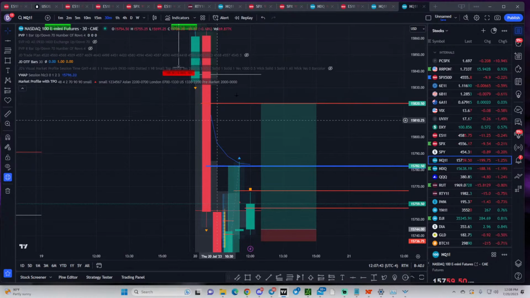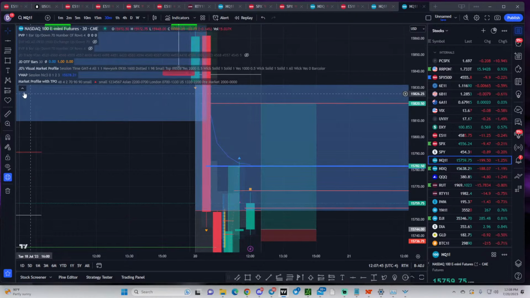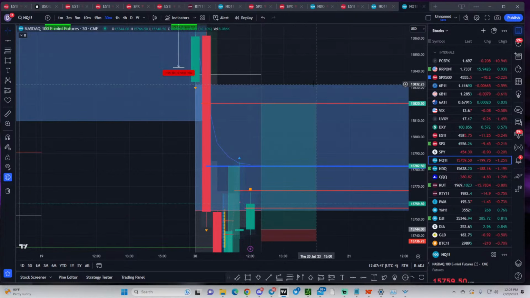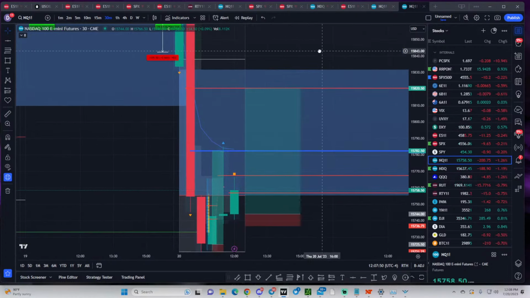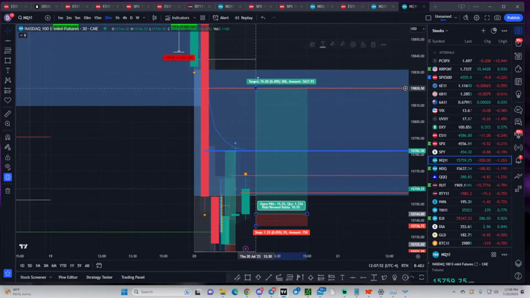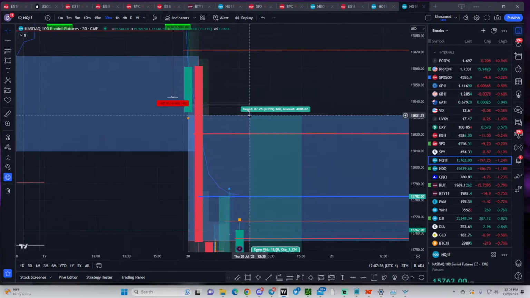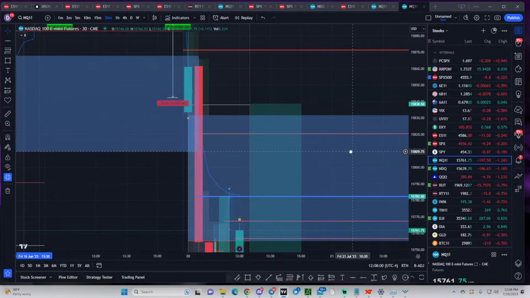There's a single print here. See, the single print gets all the way up to 832. So this trade can stretch out to 832. It could actually stretch out to value area high, which is 838.